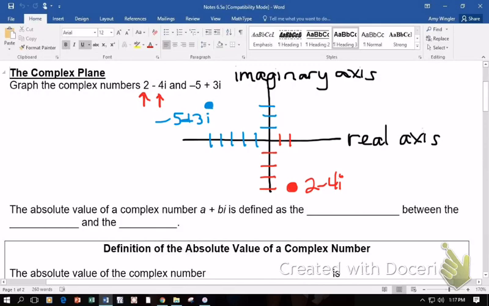The absolute value of a complex number a plus bi is defined as the distance between the origin and the point.